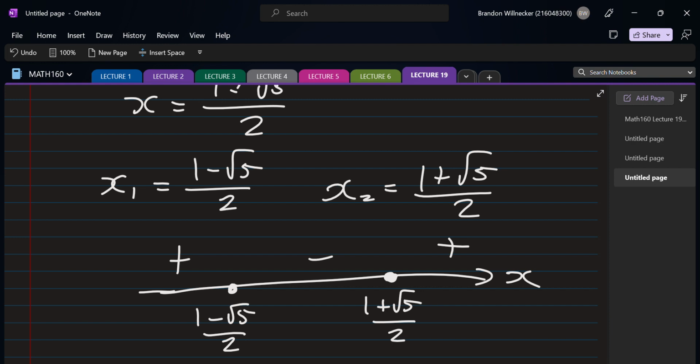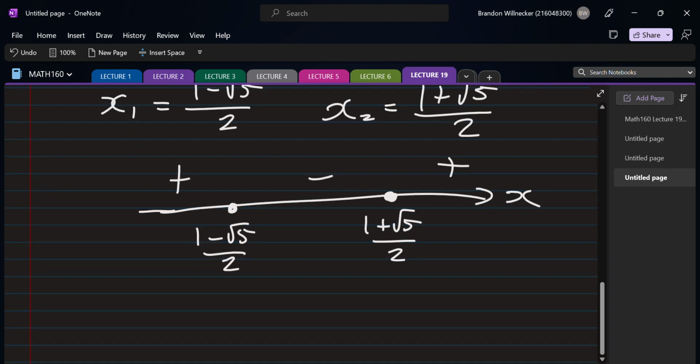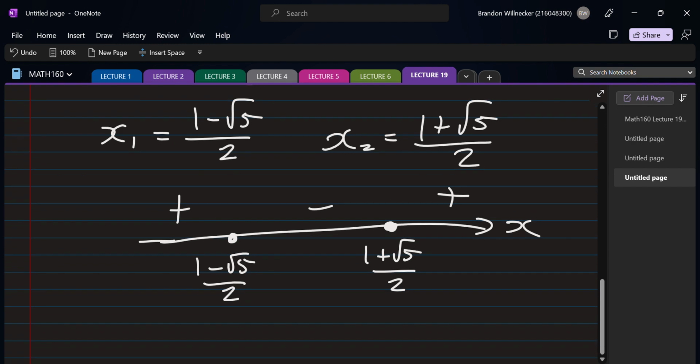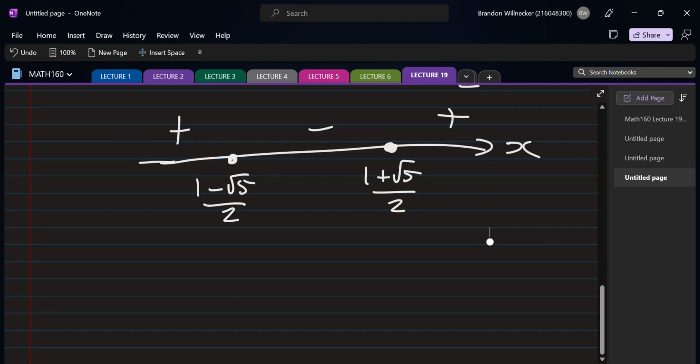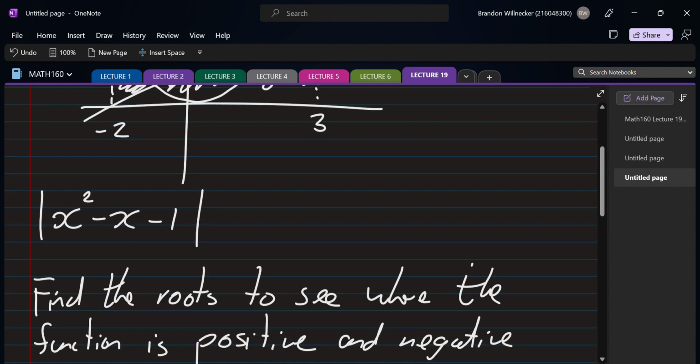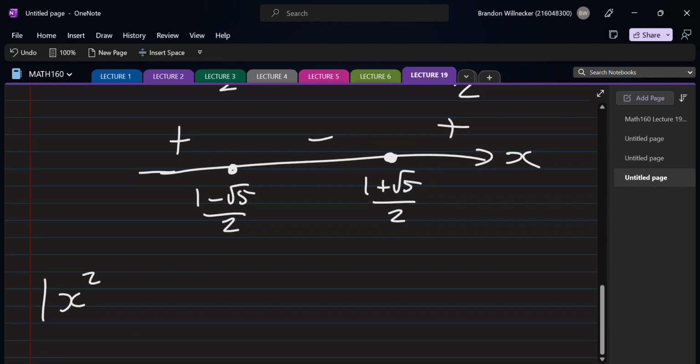Okay, so that's our splitting up of the region there. Okay, so we know that there's the minus in between there. So we can use that to say that on that region, it's going to be minus whatever's inside the absolute value. Okay, so absolute value of x squared minus x minus 1.